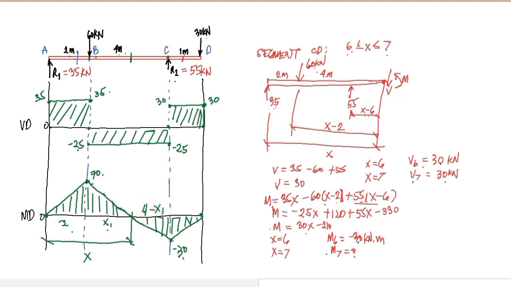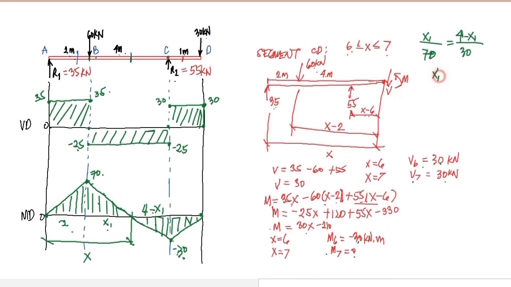So ang gagamitin natin, similarity of triangles lang, itong triangle na to at itong triangle na to. So, by ratio and proportion, we have x sub 1 over 70. Hindi natin kino-consider yung sign pag tayo ay nag-ratio and proportion.